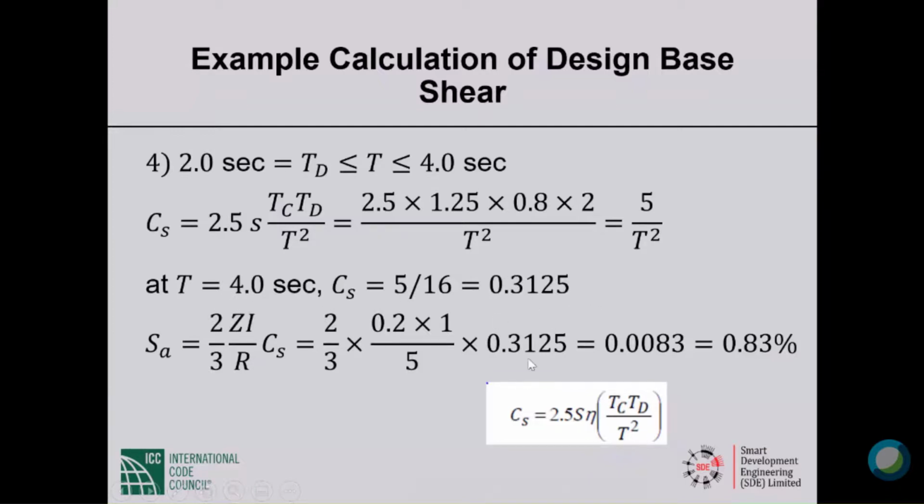We take that, multiply by 2/3, 0.2, R of 5 and I of 1, we get 0.83% as the design. 0.83% of weight is the design base shear. So 9% at the flat top, we go down to 3.6% at T sub D of 2 seconds, and then we go down to 0.83% at 4-second period.